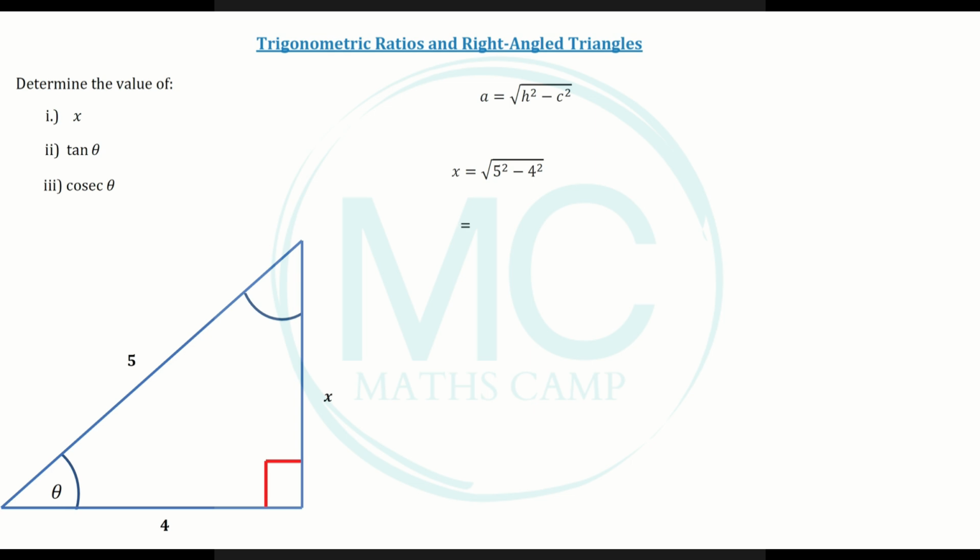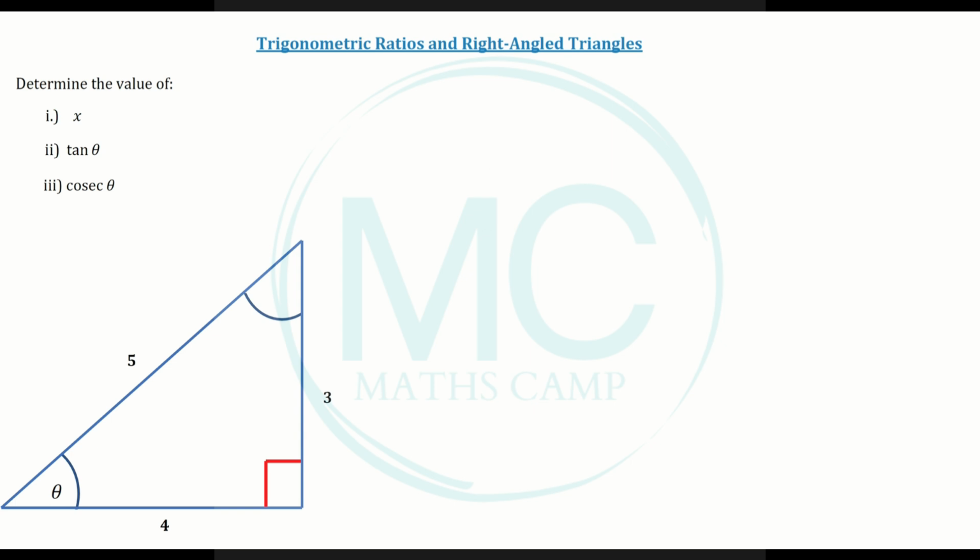And now we can square our terms. 5 squared is 25, minus 4 squared, which is 16, under a square root. 25 minus 16 gives us 9 under a square root, and we get an answer of 3. Let's make some space and put 3 in the place of x in our triangle over here.